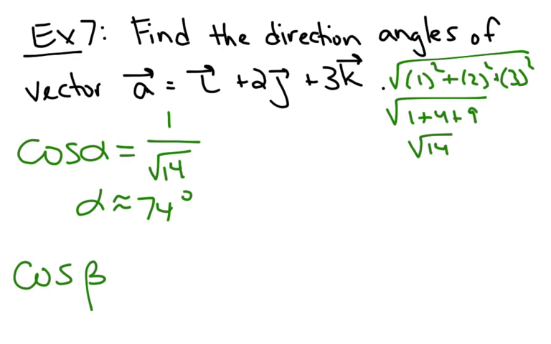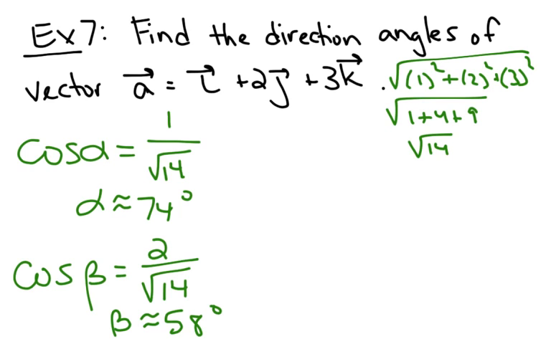To find the direction angle with the y-axis, we're going to do a2 divided by the magnitude. And since I've already found the magnitude, I just plug it in. The inverse cosine of 2 over the square root of 14 is approximately 58 degrees.